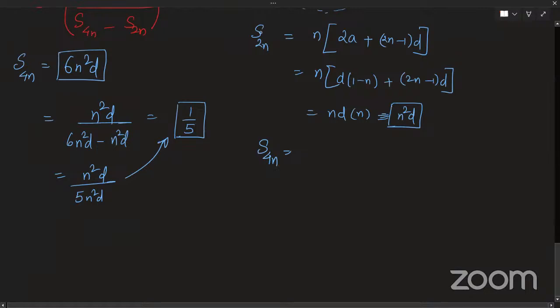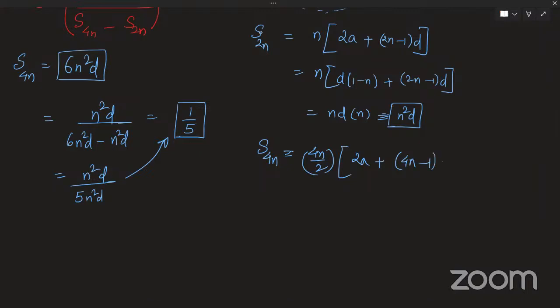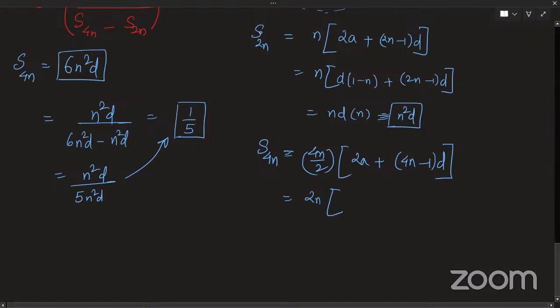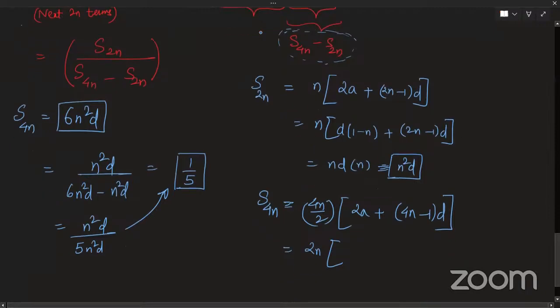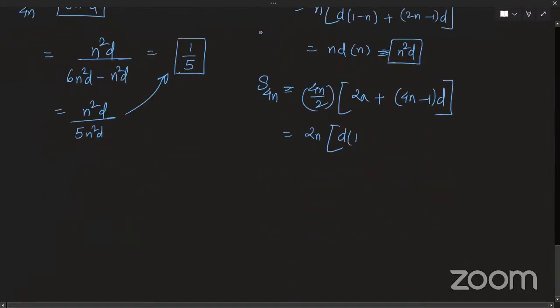Can you tell me the formula for S of 4n? 4n by 2 into 2a plus 4n minus 1 into d, right? So it is 2n into 2a, and what is my value of 2a? 2a is d into 1 minus n, plus 4n minus 1 into d.